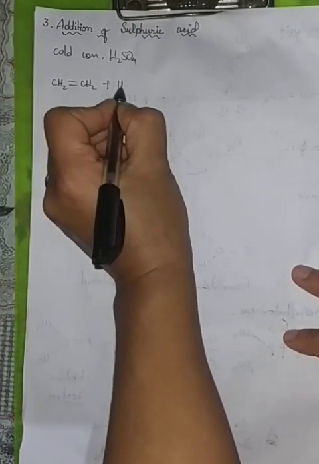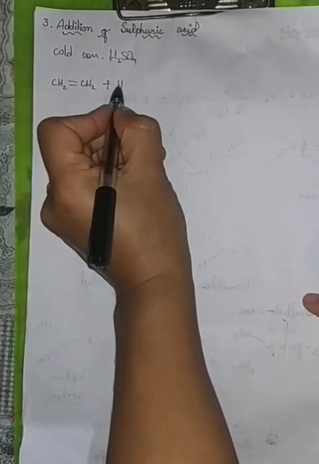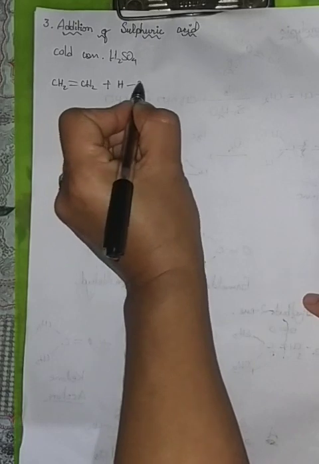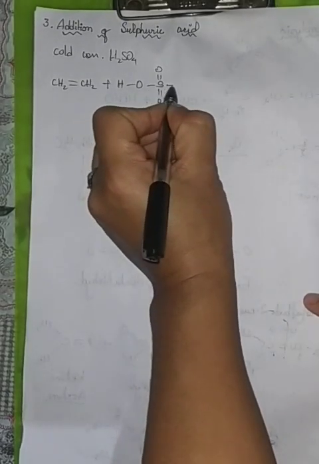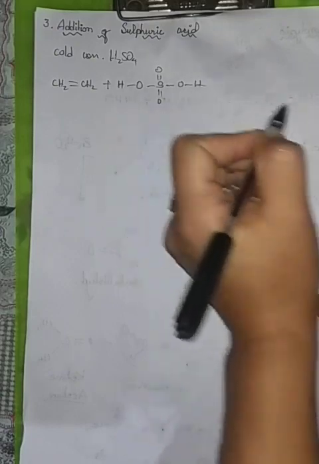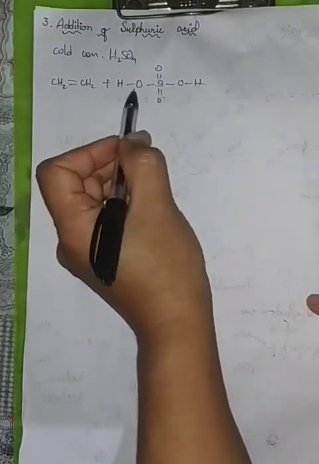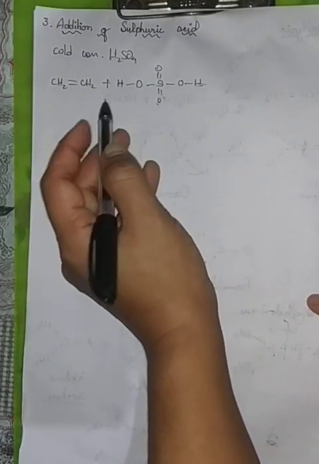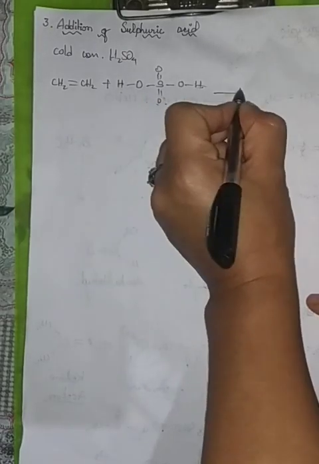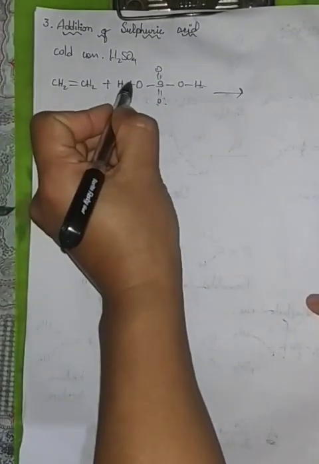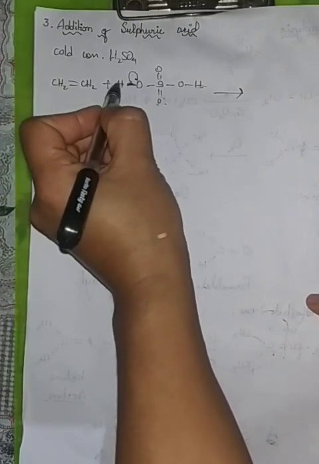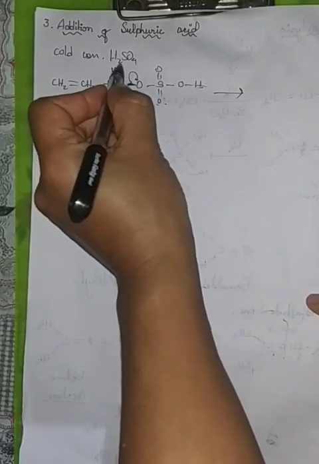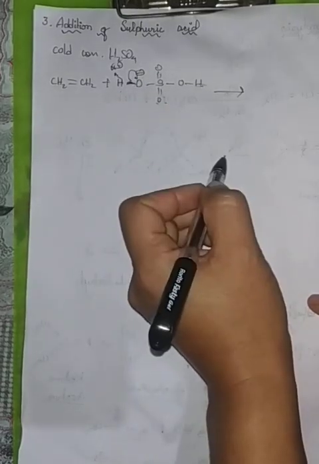Now sulfuric acid can be written in this form, HO, S double bond O, double bond O, H. Sulfuric acid, H2SO4. So these are the sulfuric acid molecule. Now the oxygen atom along with the two bonding electrons goes here, therefore there will be release of the proton, and a negative charge would be formed here.